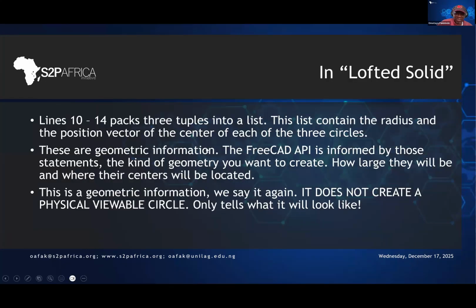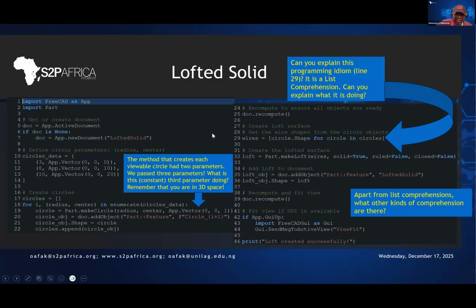Let me just go back to the lofted solid. In the lofted solid, you see that in lines 10 to 14, we packed the coordinates of the circle, which we call circles data, into the program. That does not create circles. It only gives an idea of what the circles will look like. It is from lines 18 to 22 that we actually create the circles.